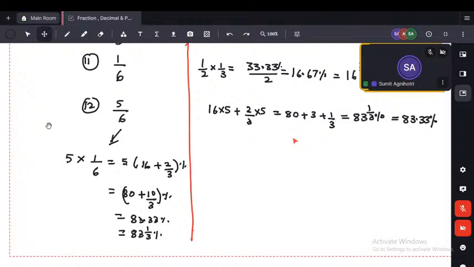Let's do it. 1 over 9 is 11.11. Yes, 11.11. That is equivalent to 1 over 9, and 1 over 11 is 9.09.